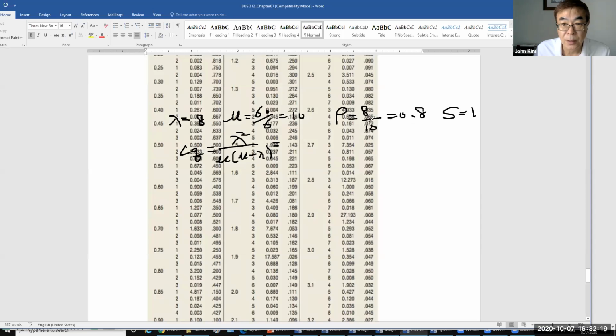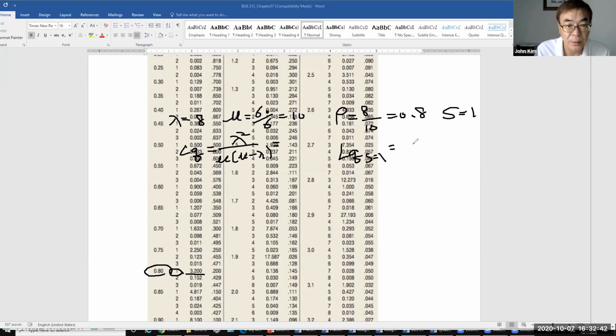So utilization rate is 0.8, and the number of servers is now 1. So LQ when S equals 1 is 3.2.